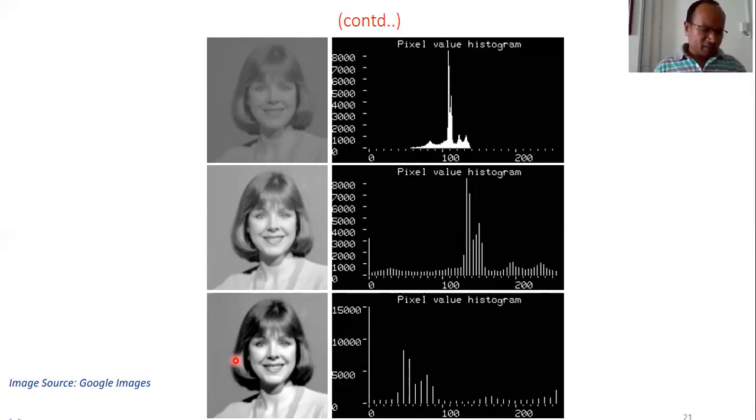So that's one method, whereas the second one is focused on histogram. We know that the histogram is the distribution of intensity values, and the histogram shows the number of pixels corresponding to a particular intensity value. On the basis of the histogram, we can see where the clustering of pixel values is.